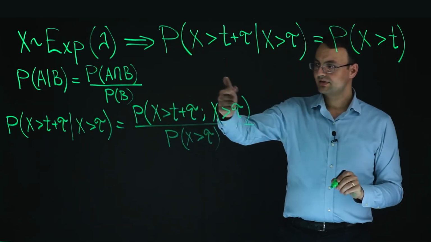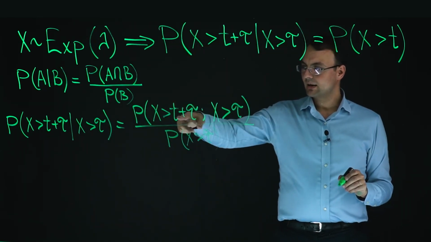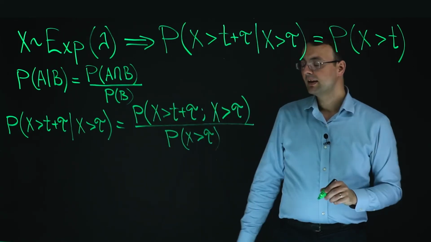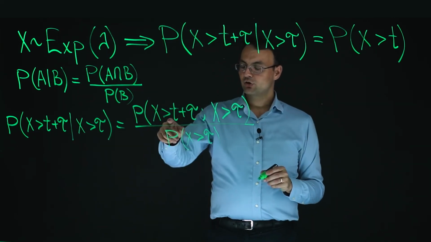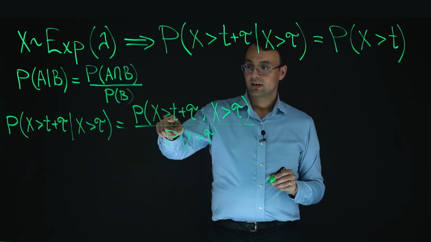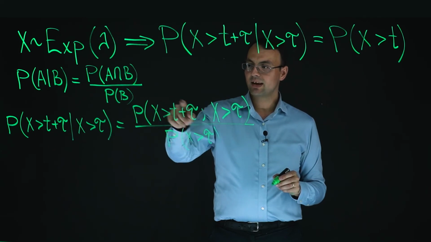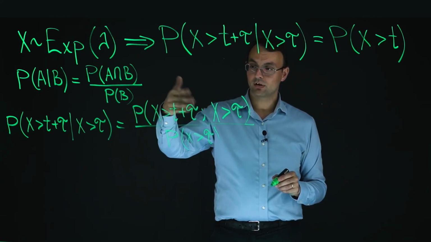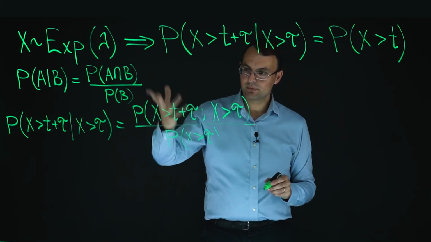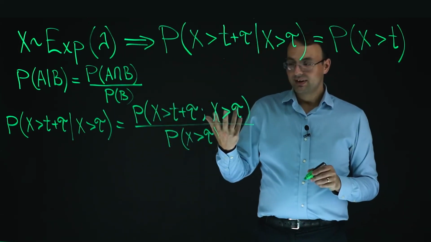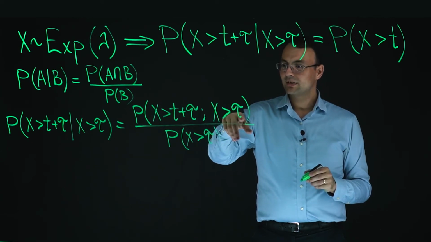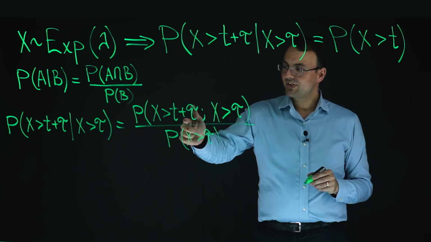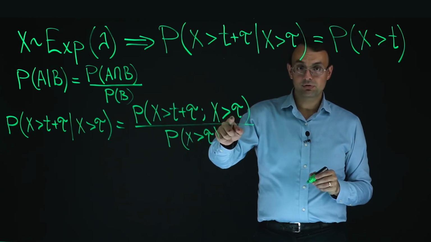So this is the probability that these two events will happen at the same time. But you see that actually this is a subset of this. If you are already waiting for t plus tau minutes, this means that you have already waited for tau minutes. So if this is true, this is automatically also true.